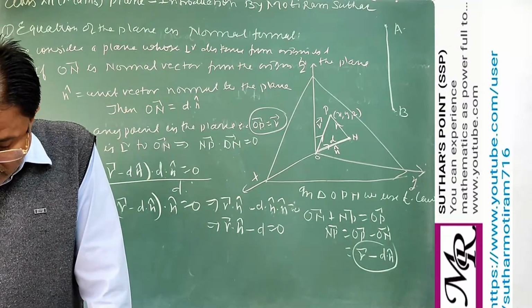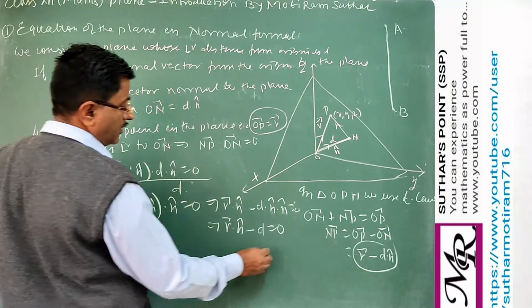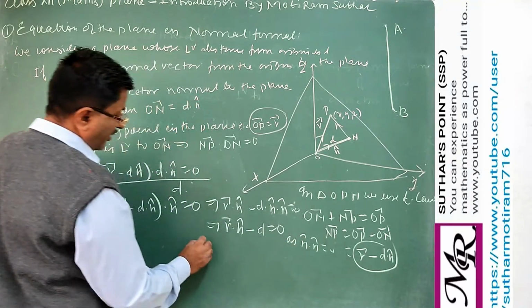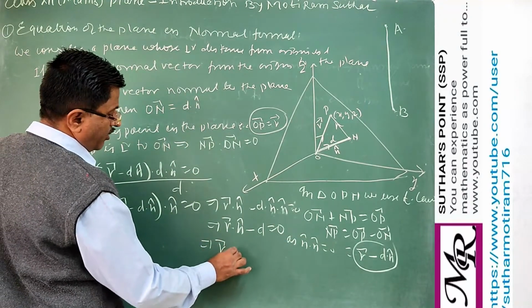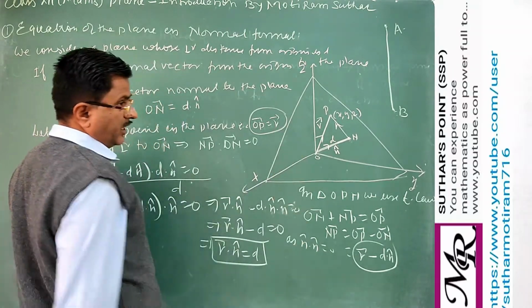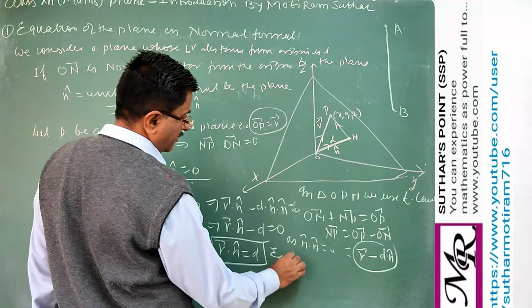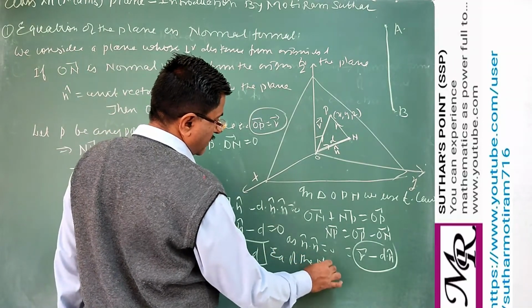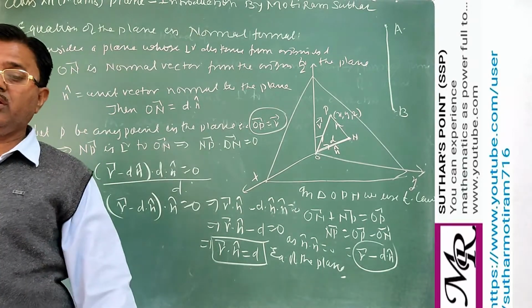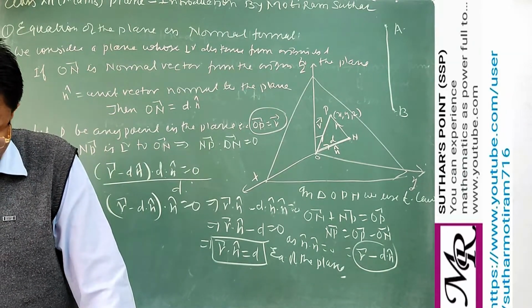So this is the final equation, and you may write n cap dot n cap equal to 1. So finally we get vector r dot n cap equal to d. So dear student, this is the equation of a plane. Very important but very short form. The equation of the plane in normal form.